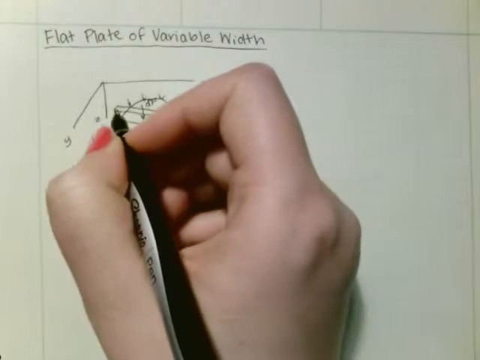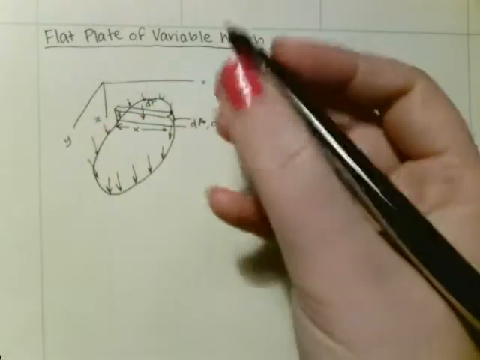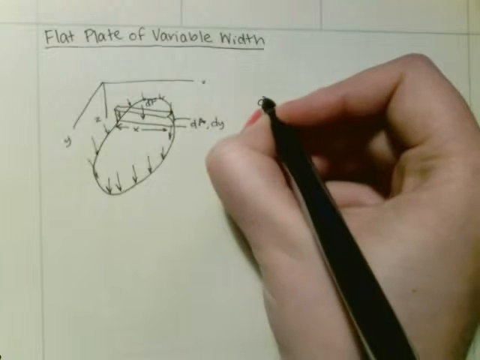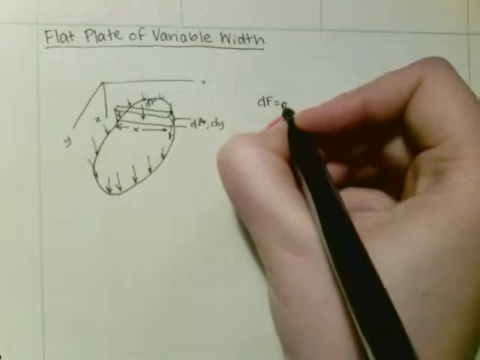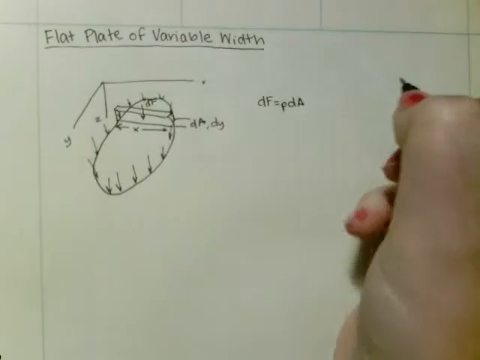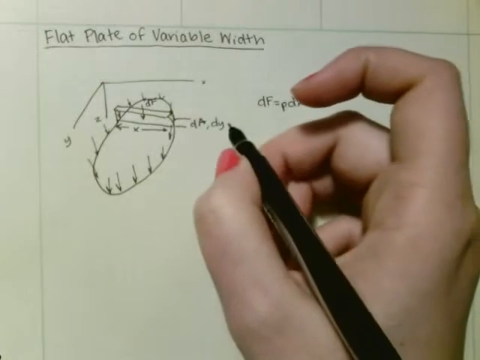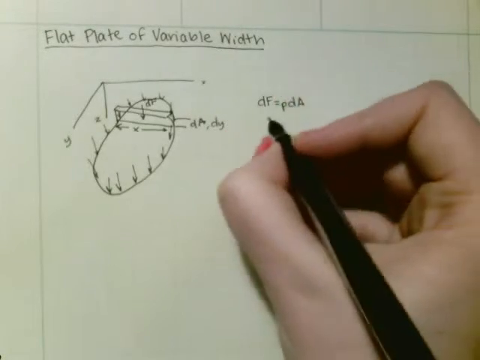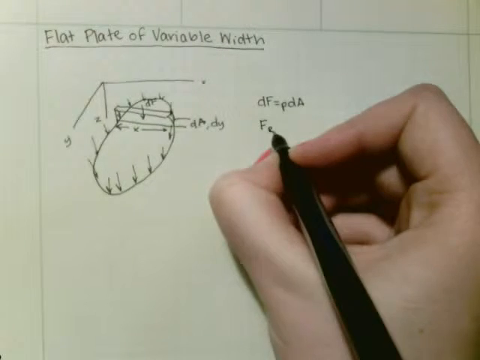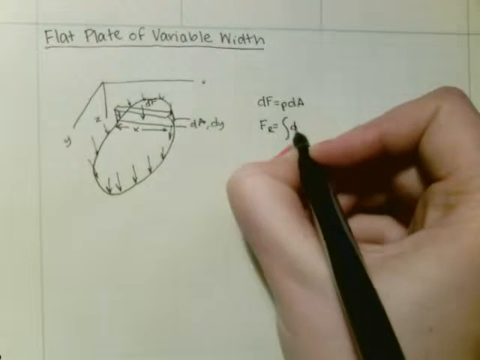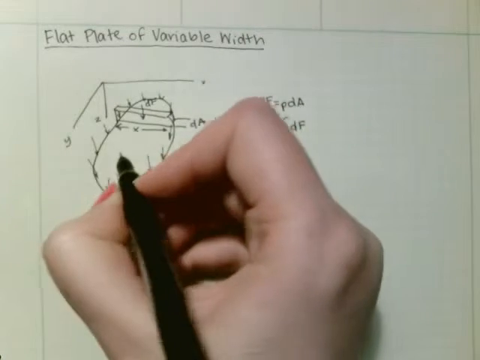Alright, so dF would be equal to my pressure times dA, and then my resultant force would be equal to the integral of all of the dFs.